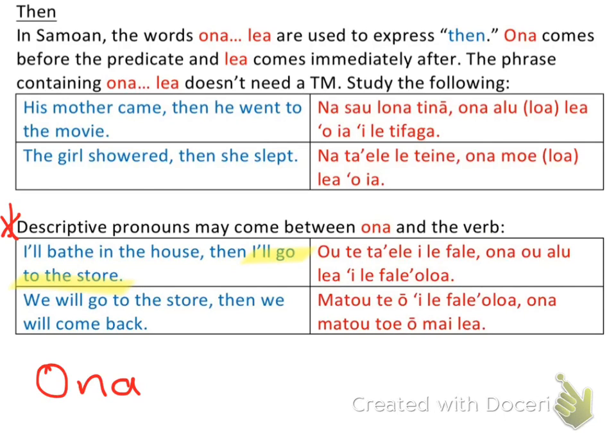Normally I would put my predicate or my verb next, but this is telling me if I'm using a descriptive pronoun that I can put that before the predicate or the verb, okay? So ona, and then al or I, this is the descriptive pronoun that I'm going to use. So I would say ona o, and then I would put my verb, alu. And if I wanted to, I could put a loa right there, but again, I'm not going to. Leia, that's how I would do it.